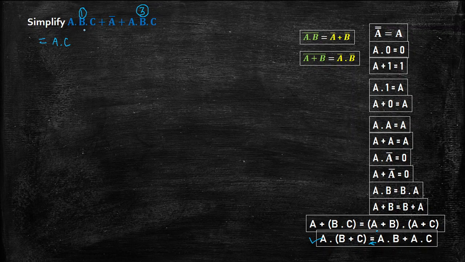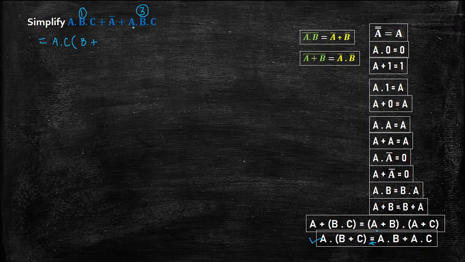From the first term, if I take A and C out of the bracket, then the term left inside the bracket will simply be B, plus, because the third term also has a plus sign, that is the OR operation.